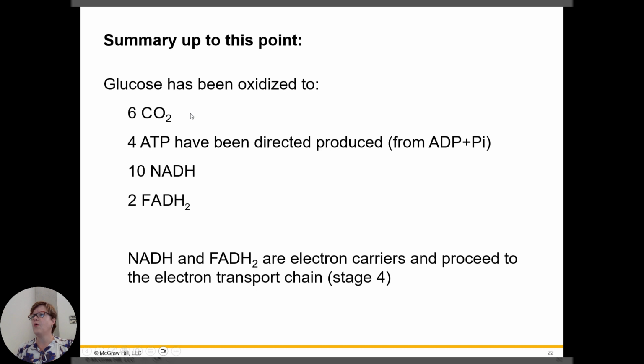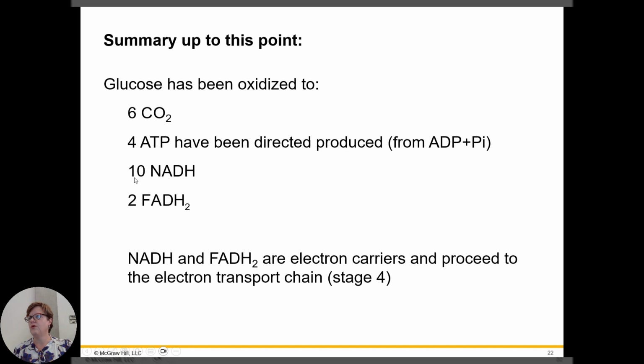So up to this point, by this I mean glycolysis, pyruvate oxidation, and the citric acid cycle, we have broken down the glucose completely into 6 CO2s. We have seen 4 ATPs directly made.